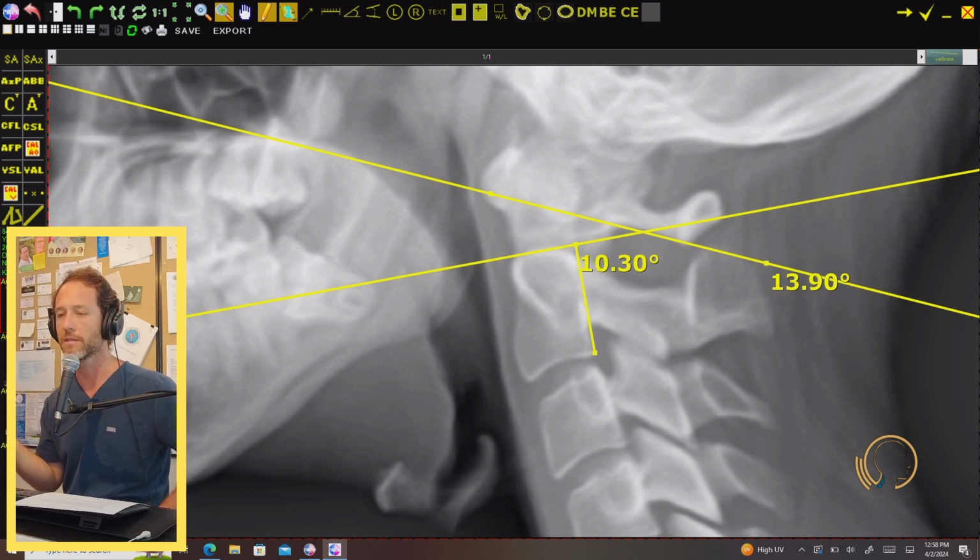And who cares? Well, you should, because that's going to result in a much shallower line of drive on your Z measurement, how it's computed. You're going to have a much shallower, flatter Z. It's not going to be as high.